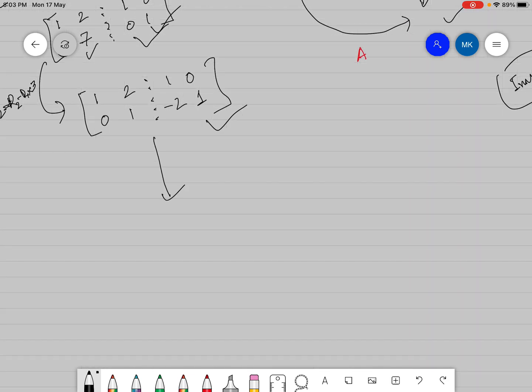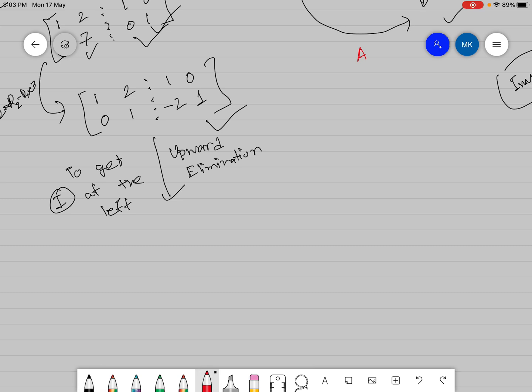I'll tell you the essence behind this, but just for the time being, know that you have to do some upward elimination to get I at the left side.